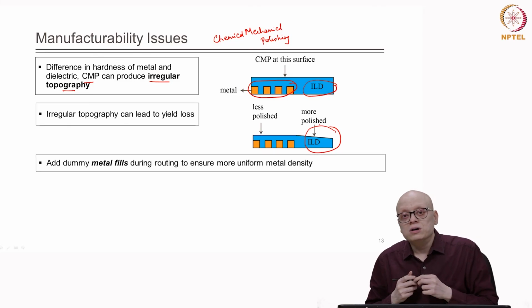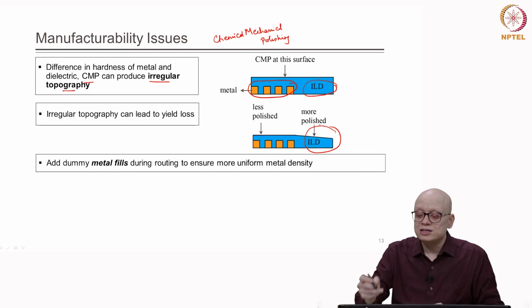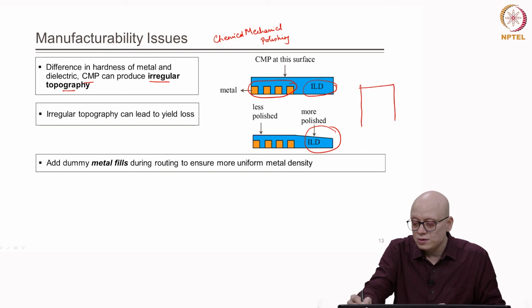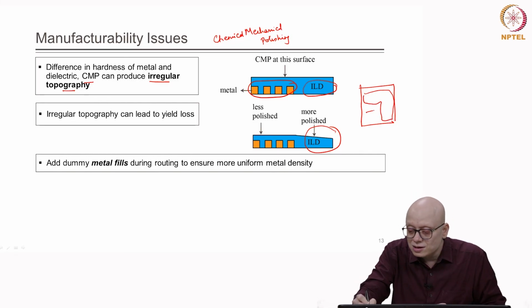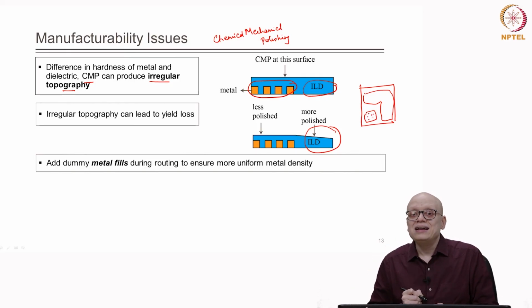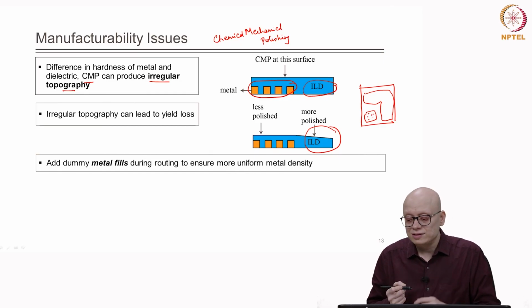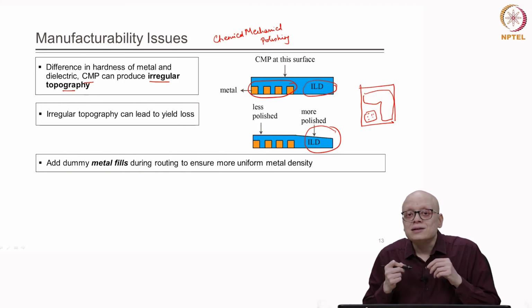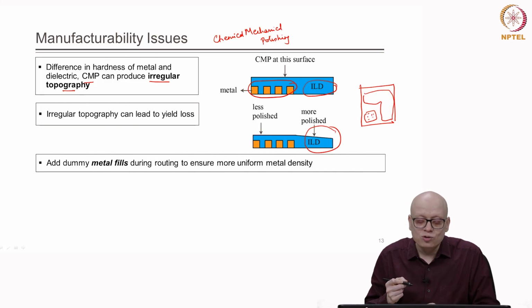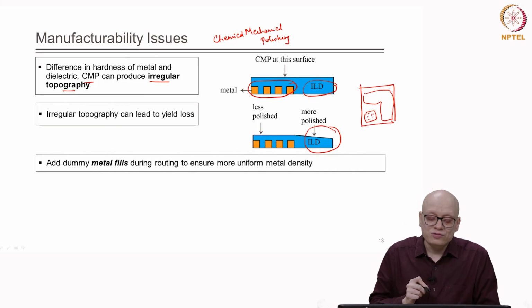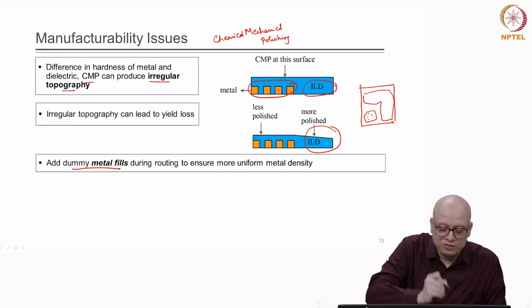To fix this problem, suppose in our layout there is metal layer widely used over this portion, and in this region there was not enough metal used, right. There it may create this problem of irregular topography if we don't have any extra metal there. Therefore, to solve this problem, we add dummy metal fills, right.